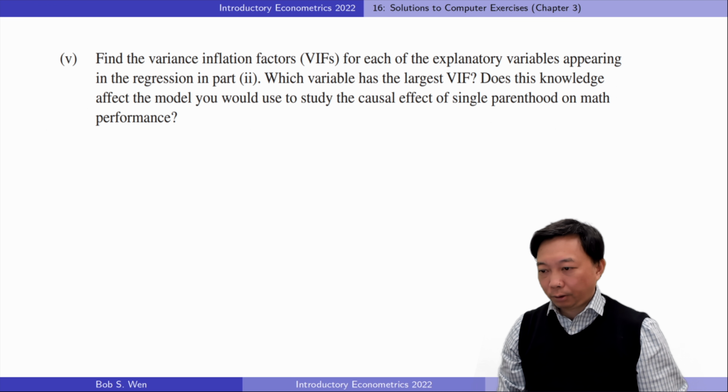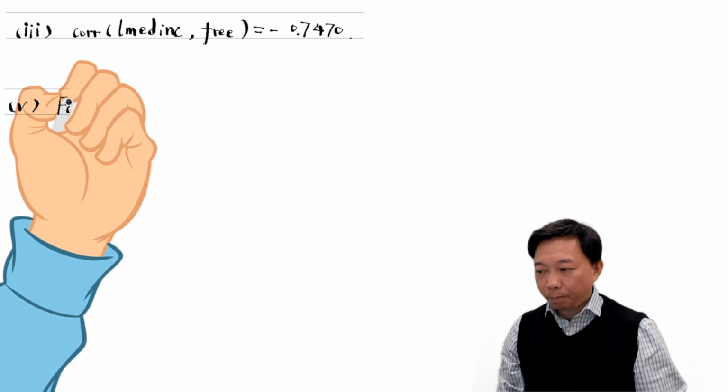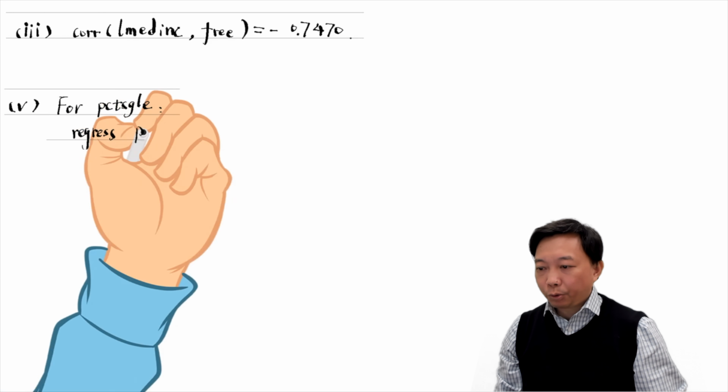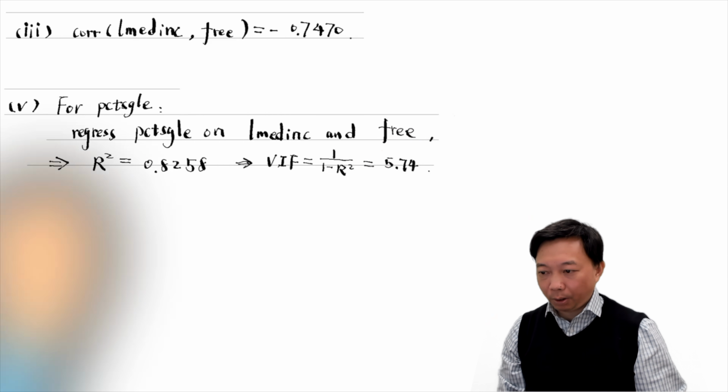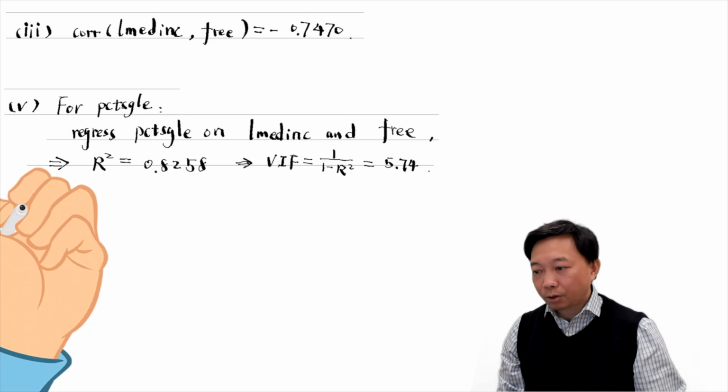For the fifth question, we need to obtain the R-squared from corresponding regressions to calculate the variance inflation factors. For the variable percentage of students from single-parent households, we regress it on the other two explanatory variables and obtain the R-squared, which is 0.8258.